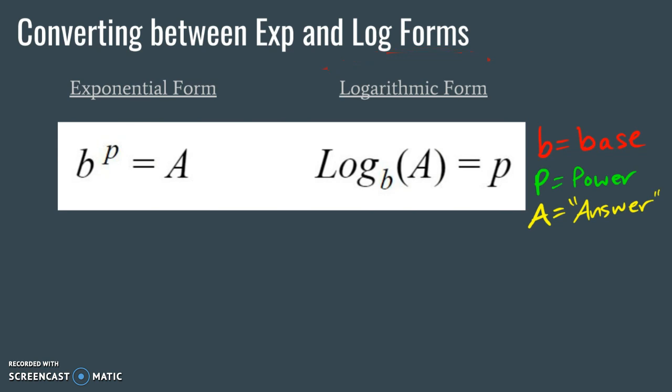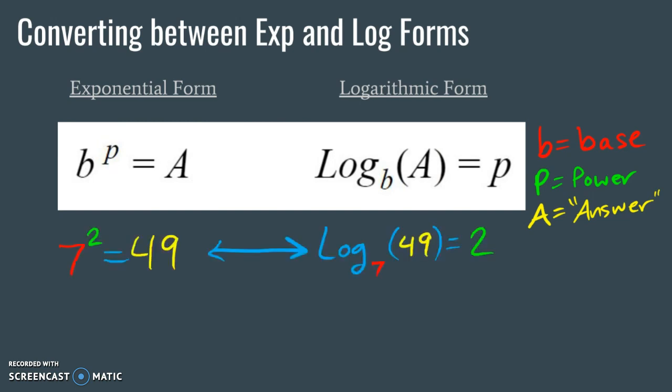They both share the same three parts. And because of this, any sort of base, power, answer combination can be rewritten in both forms. In fact, sometimes the base that you're working with will change the type of logarithm you're even talking about.